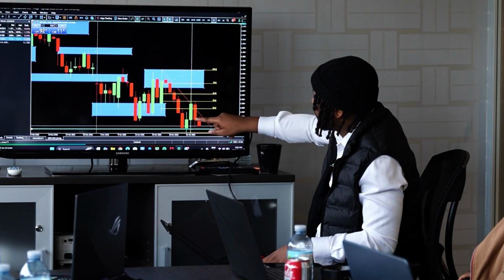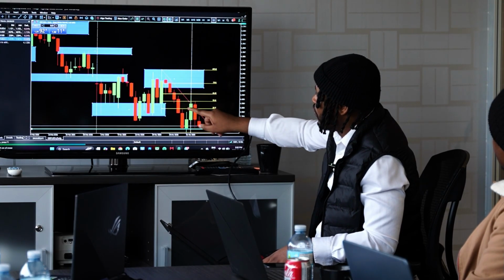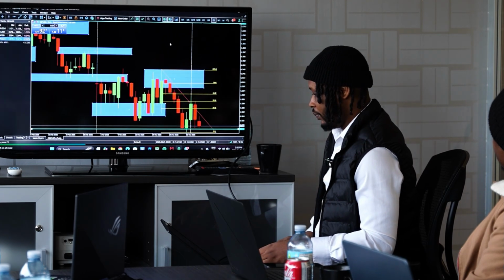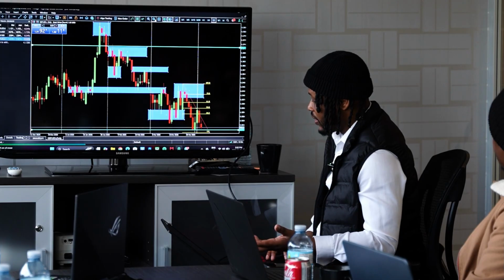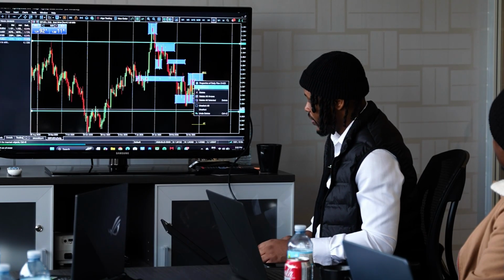As you guys can see, again, you went for the key area for you to sell it, right? That is just the daily time frame. We have to scale down to the 4-hour time frame, the 1-hour time frame, and so on and so on and so on.